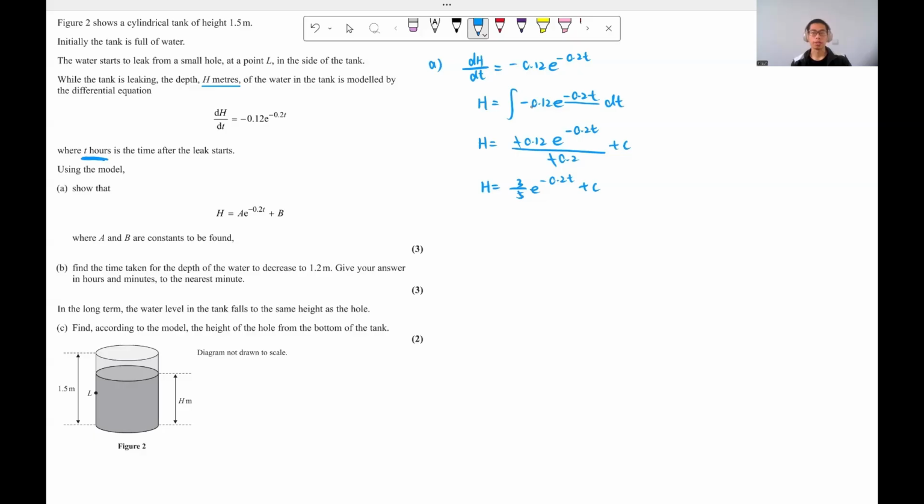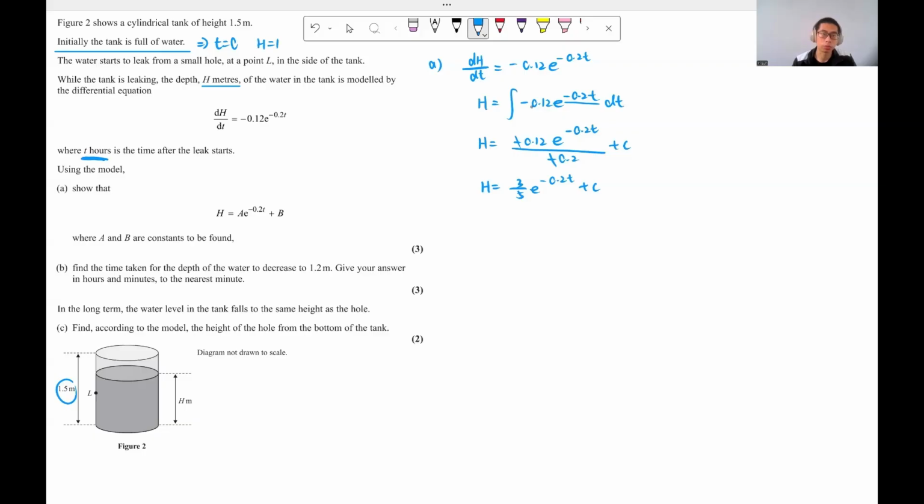And now we need to find out the value of c. It says initially the tank is full of water. So that means when t equals 0, the cylindrical tank has a height of 1.5 meters. So if it's full of water, that means the height of the water should be 1.5 meters.